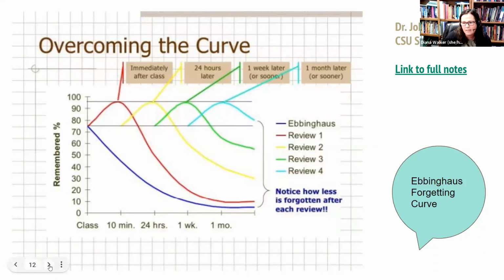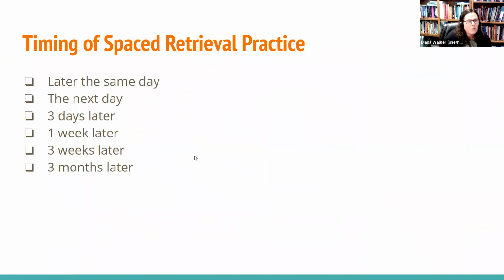Next slide. This comes from a couple of different resources, right? There isn't consensus on the exact timing of when you should have kids retrieve or when you should review content information, with the exception of the next day. The research behind that is really strong. They need to retrieve it the next day in order to get it into their long-term memory.